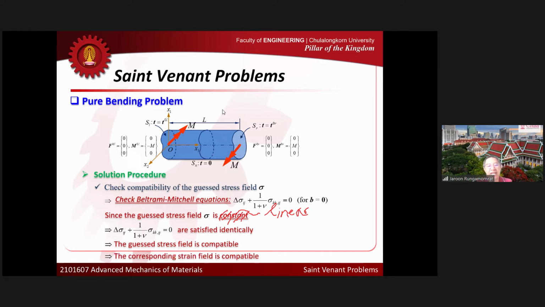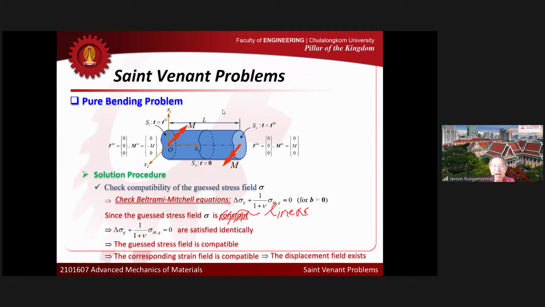Or I can say that if you use the stress field that you guessed to compute strain, the strain is compatible too. Once strain is compatible, you don't need to worry about the existence of the displacement, right? You know that the displacement exists. And you know that if you look at the strain-displacement relationship, you can always integrate that relationship to get the displacement field once strain is compatible.